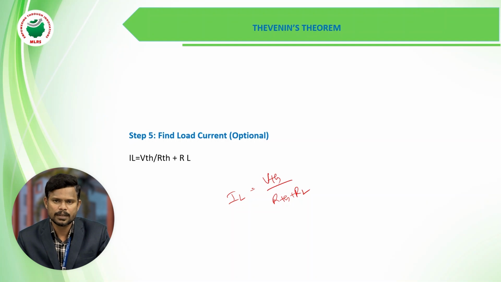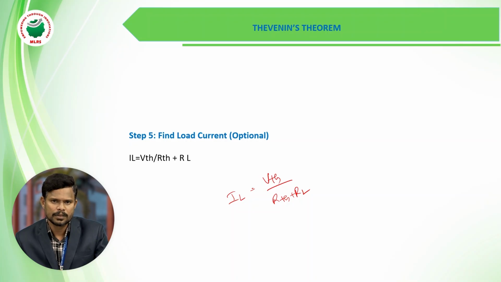And step number 2, find the open terminal voltage, that is VOC. It is also called Thevenin's voltage VTH. Then step number 3, find RTH, that is Thevenin's equivalent resistor. While we are calculating the Thevenin's equivalent resistor, all the sources are replaced with their internal resistances.